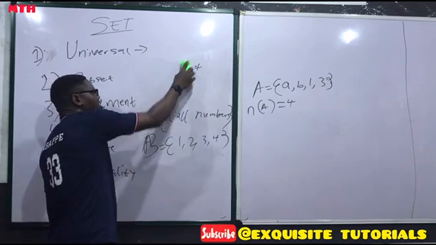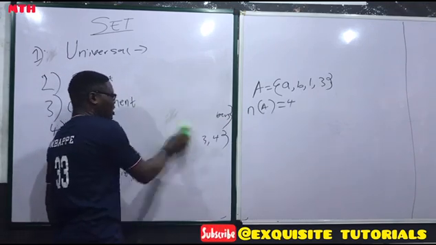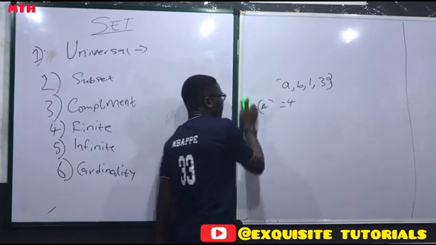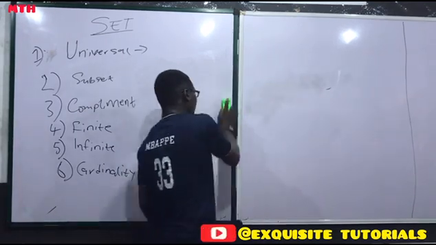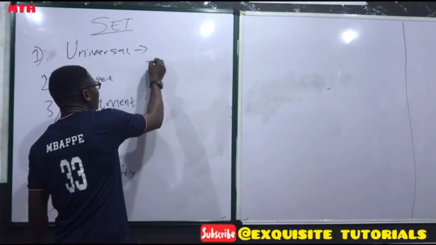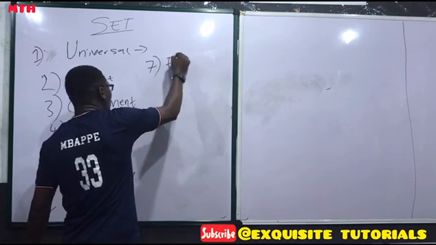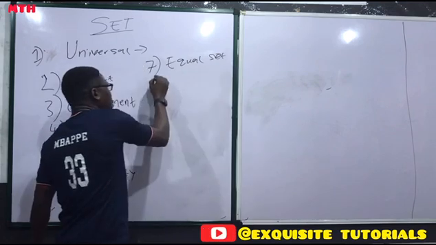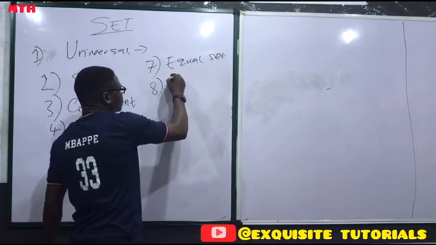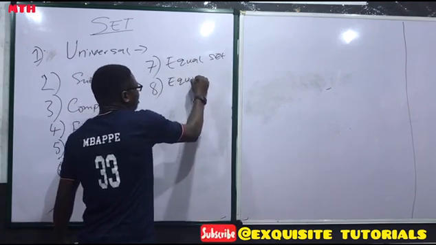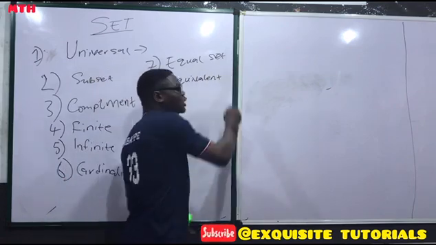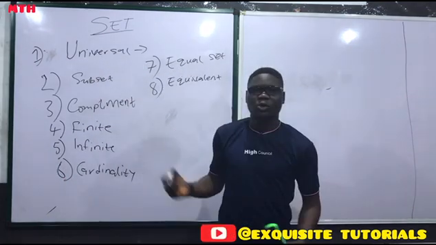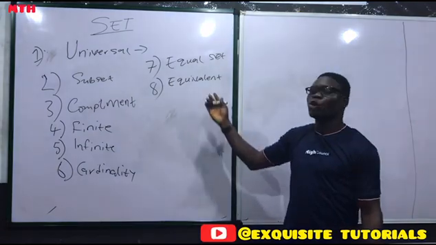So let's talk about the 7th term used in sets. We have equal sets. And 8, we have equivalent sets. Now these 2 are really confusing. This is where problems come in.